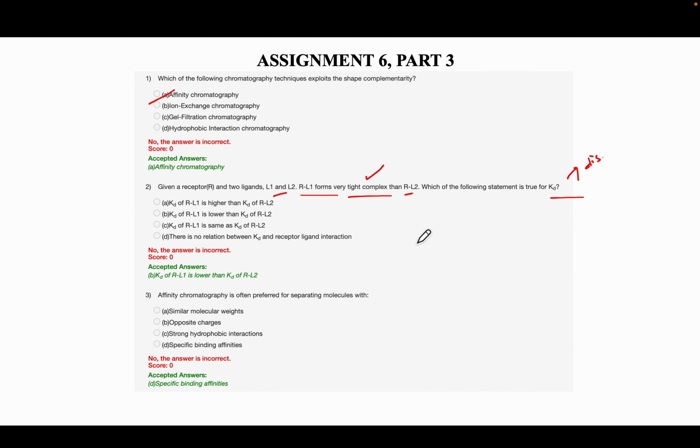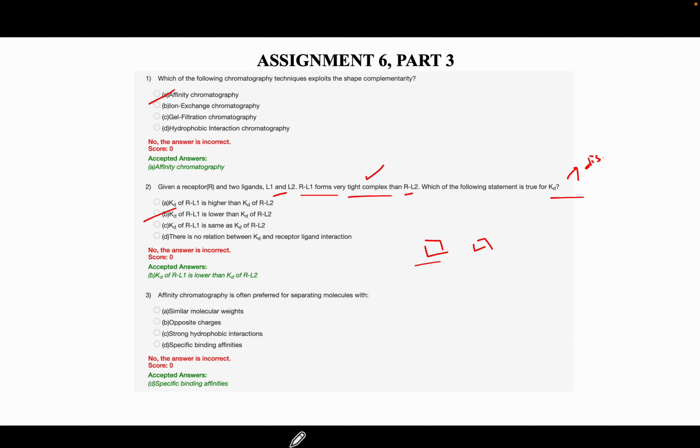One complex is very tight and another complex is very loose. That means one complex dissociates slower and another dissociates faster. The complex which dissociates slower, that means which is very tight, will have a low Kd. That means Kd of RL1 will be lower than Kd of RL2, right?